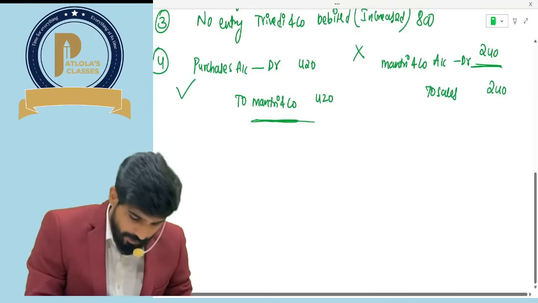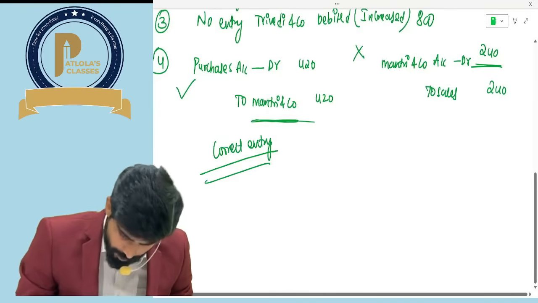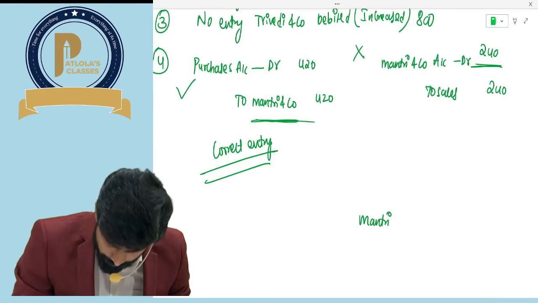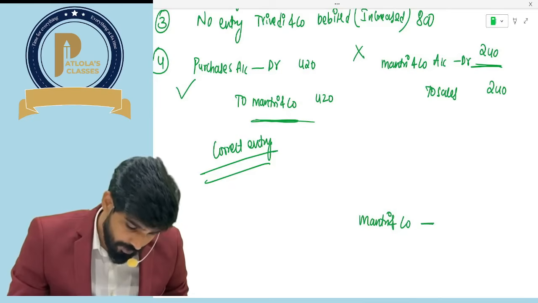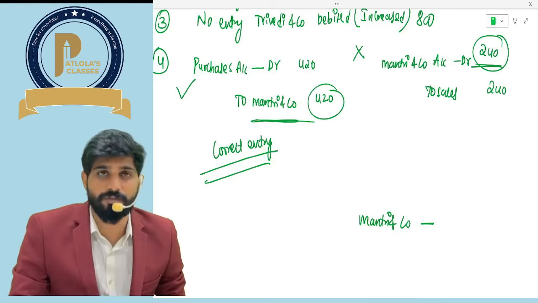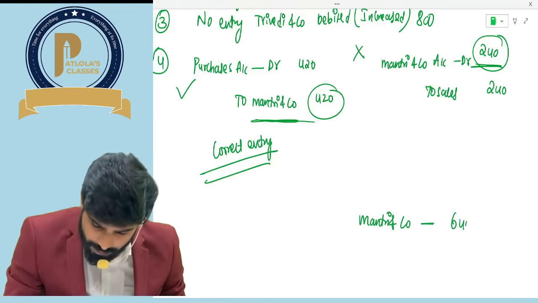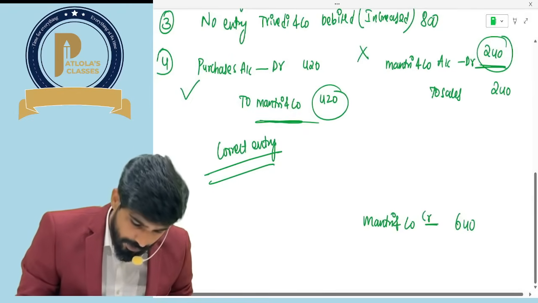Shall we pass a correct entry now? Okay, correct entry now shall be Mantri and Co account should be credited by how much? 420 is to actually credit, and 240 we need to cancel, so it should be 660. Mantri and Co should be credited. And whose account has to be debited?